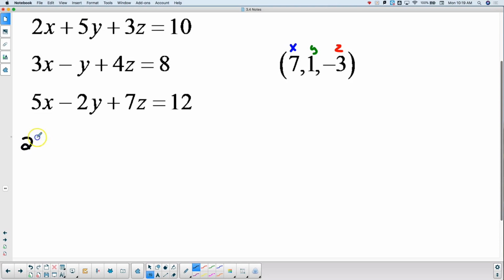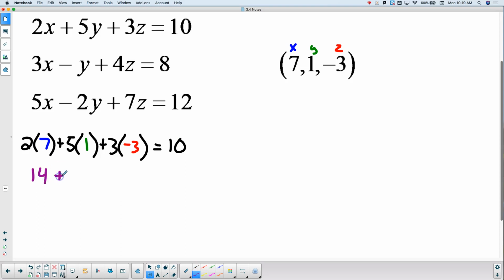So 2 times 7 plus 5 times 1 plus 3 times negative 3 equals 10. 2 times 7, 14. 5 times 1, 5. 3 times negative 3, negative 9. 14 plus 5, 19 minus 9, 10.